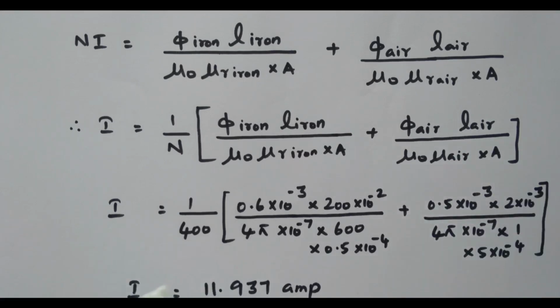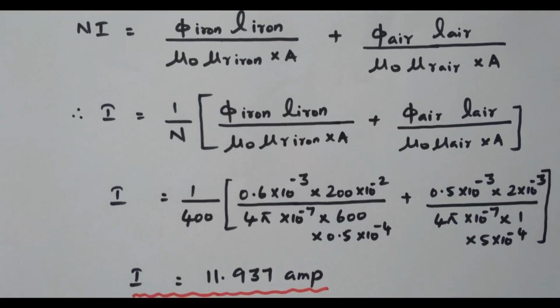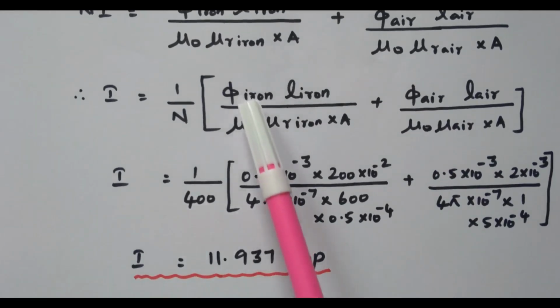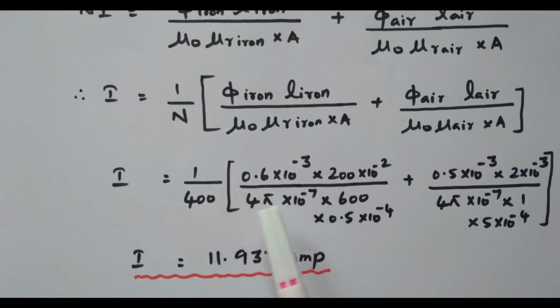Now we will substitute the values. The number of turns is 400. The flux in the iron, which we just calculated, is 0.6 into 10 to the power minus 3. The length is 200 centimeters, that is 200 into 10 to the power minus 2. Mu naught is 4 pi into 10 to the power minus 7. Mu r of iron is 600. The area is 5 into 10 to the power minus 4.